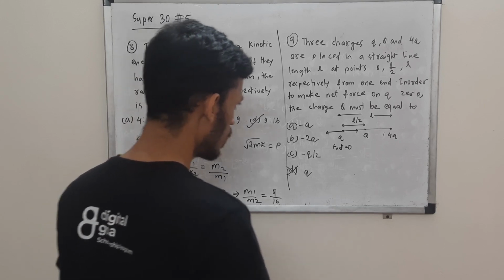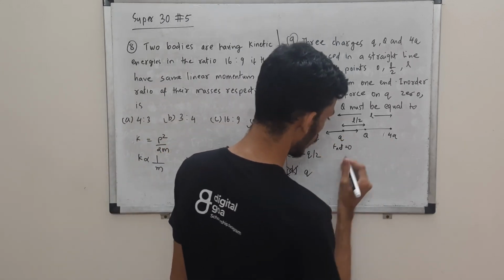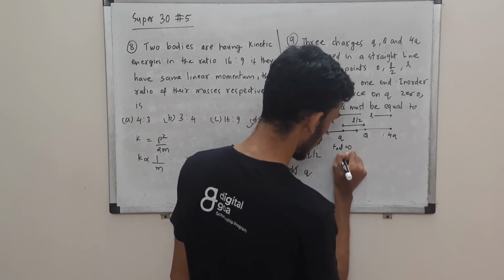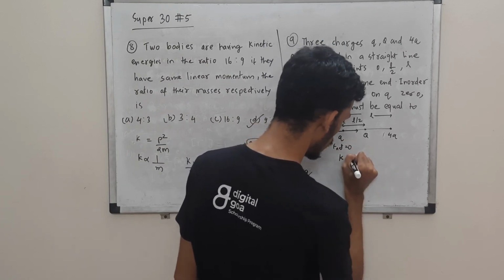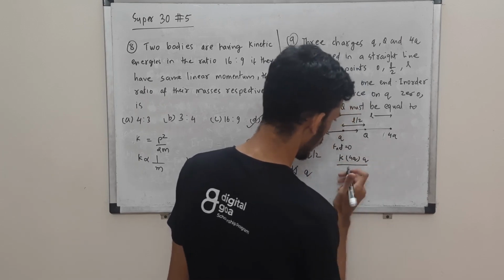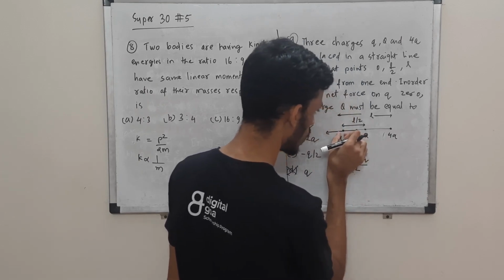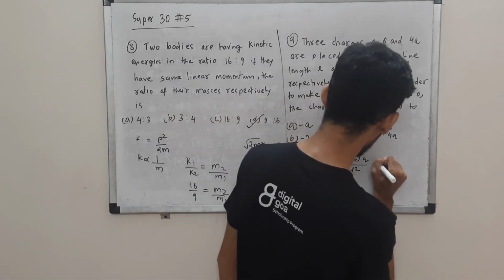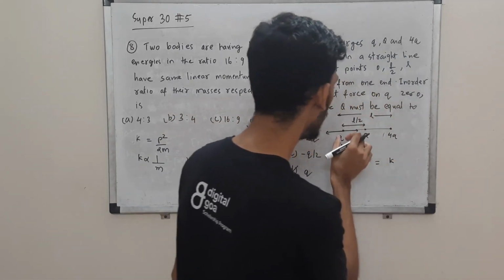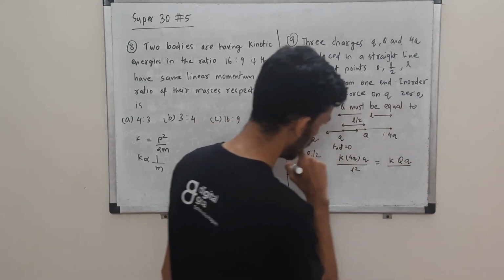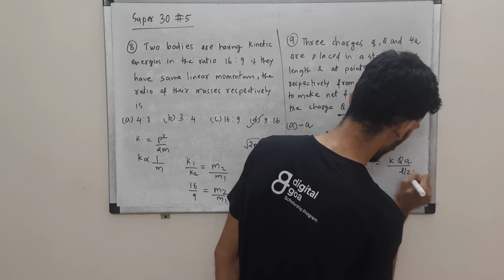So the force on small q due to 4q is k q1 q2 by r square, so 4q into q by the distance square, which is L square. Similarly, the force on q due to capital Q is k q Q by L by 2 the whole square.